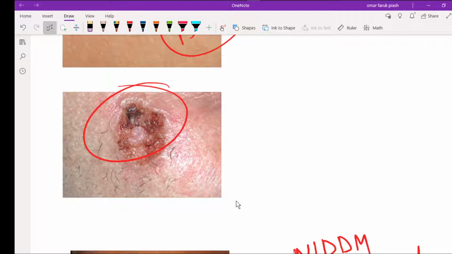Keratoacanthoma is a well-differentiated squamous cell carcinoma. It presents as a cup-shaped tumor filled with keratin debris.